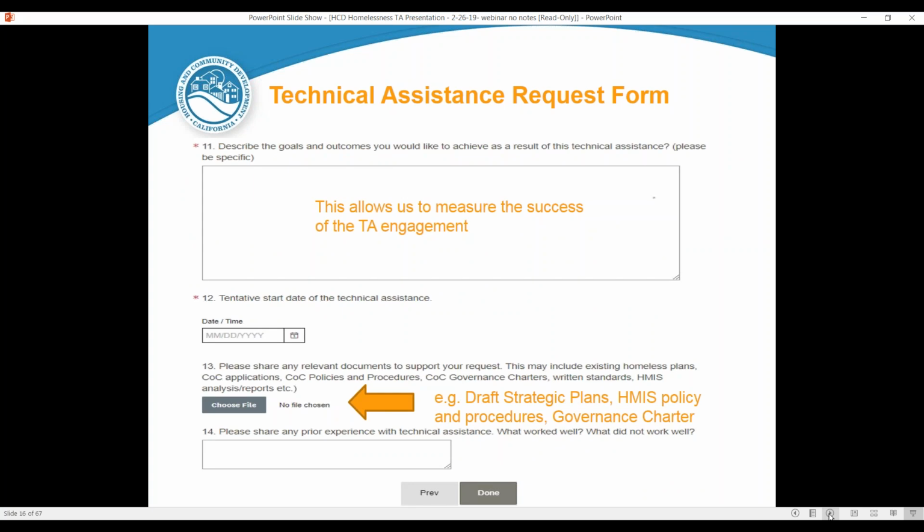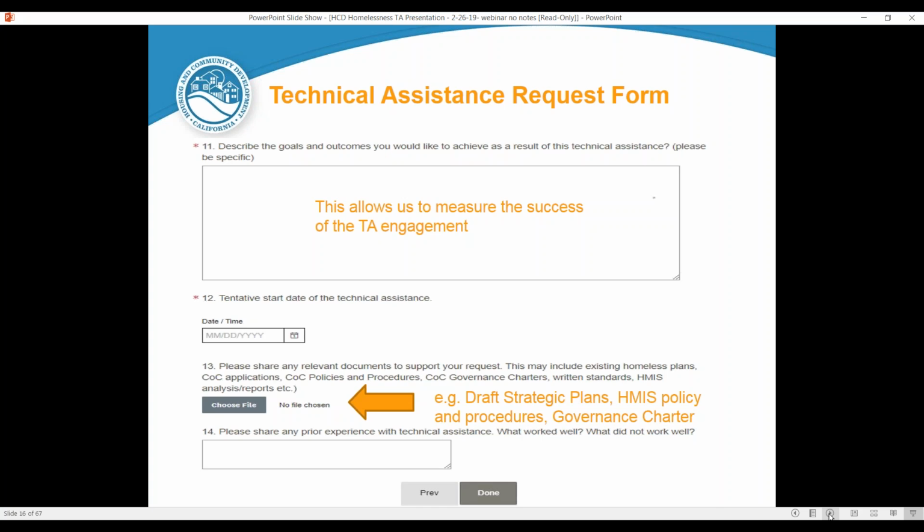For question 11, we're asking you to describe the goals and outcomes that you would like to achieve as a result of the technical assistance. We're also using this as a measure of how successful the technical assistance engagement is. So we would ask you to give us as much detail as possible, and also to make sure that the plan is communicated, whether it's to your COC members, your staff, or your county staff, and that the goals and measures are communicated to your other staff.